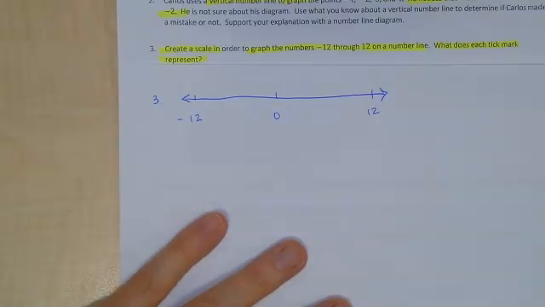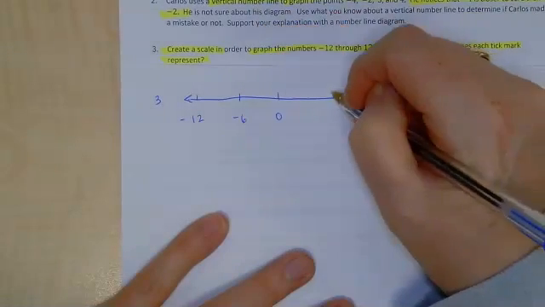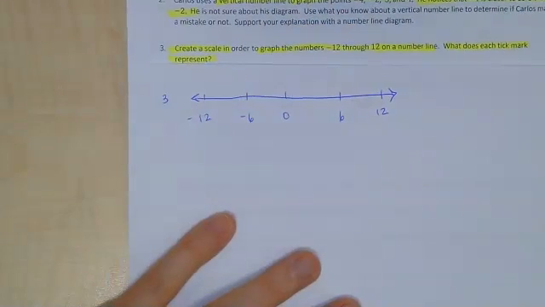There's actually a lot of different answers. We could count by 2s: 2, 4, 6, 8, 10, 12. That's a lot of tick marks. We could count by 3s: 3, 6, 9, 12. We could count by 4s, that would be 4, 8, 12. Or we could count by 6s, actually: 0, 6, 12.